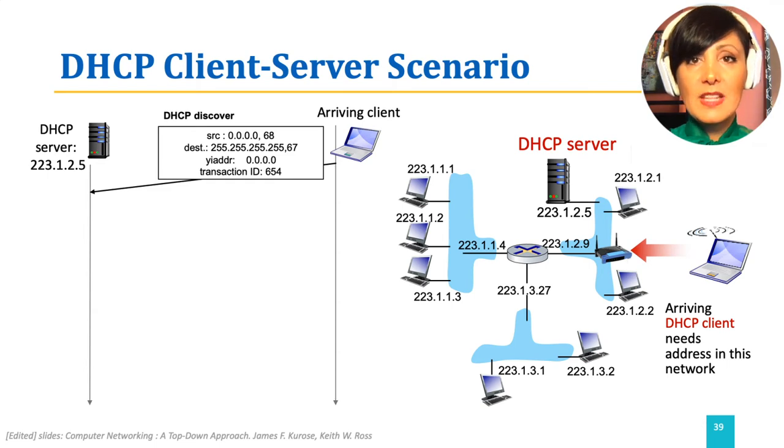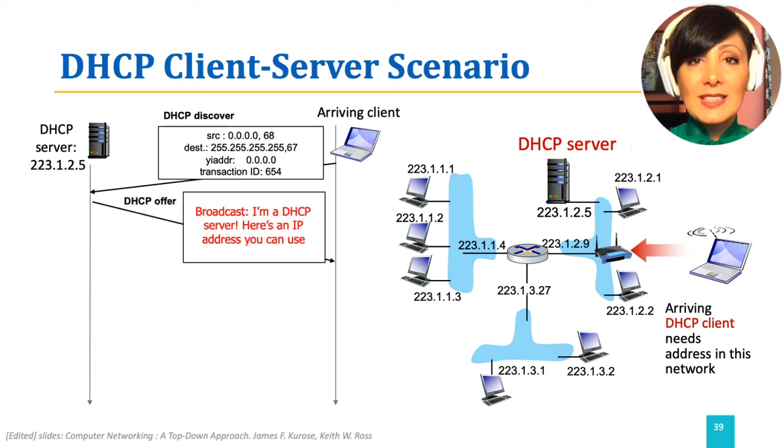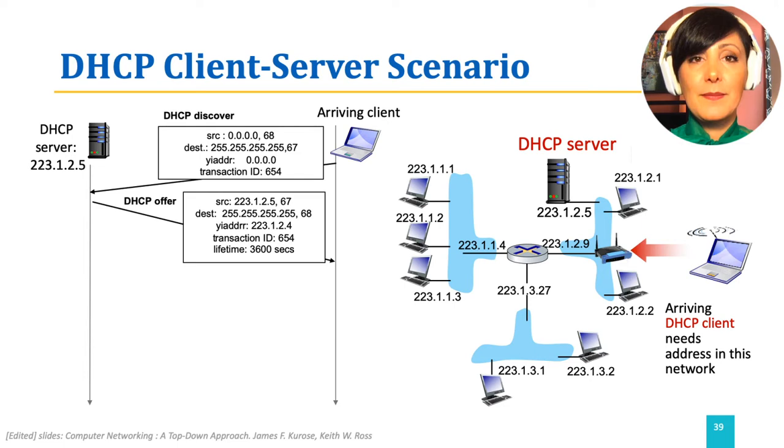In the next step, the DHCP server broadcasts a DHCP offer message, announcing an IP address that could be used by this endpoint. The datagram still has the destination IP address as the broadcast address, which has all 255s.